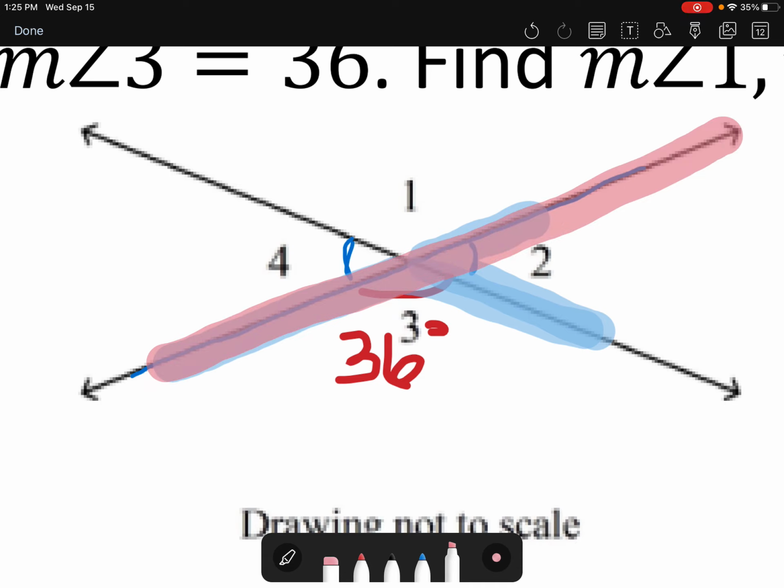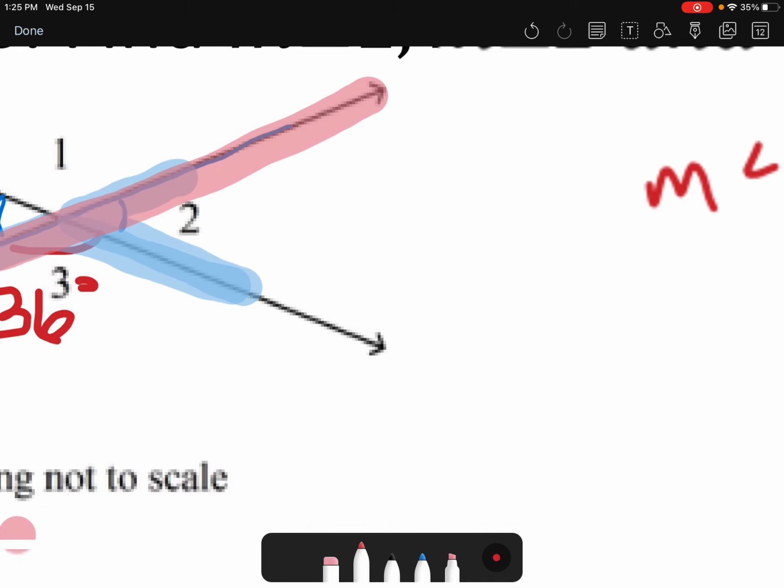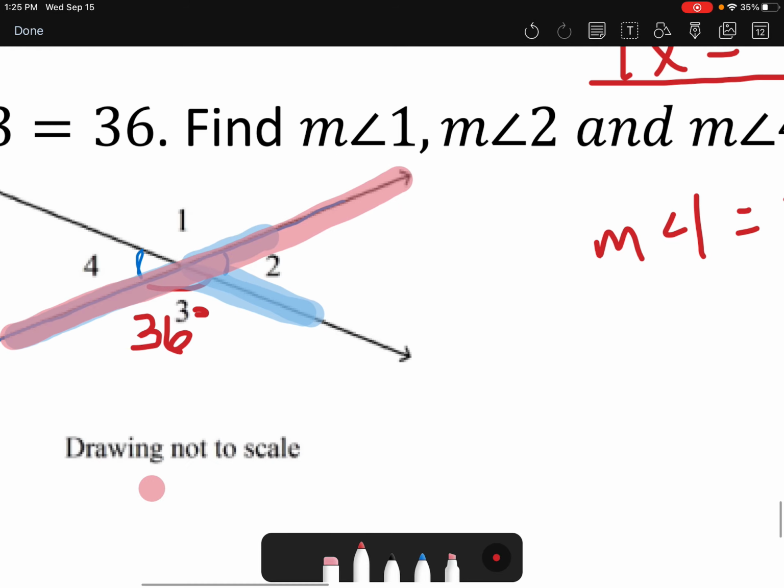Just like that. So we know a straight line represents 180 degrees. So angle 2 plus angle 3 is 180. Well, we already know what angle 3 is.